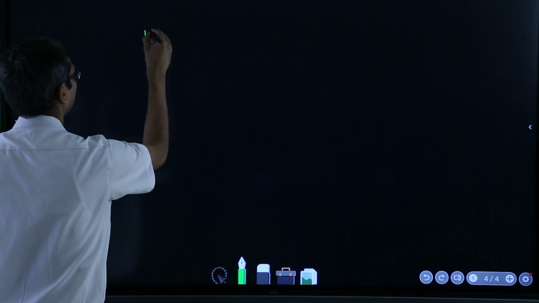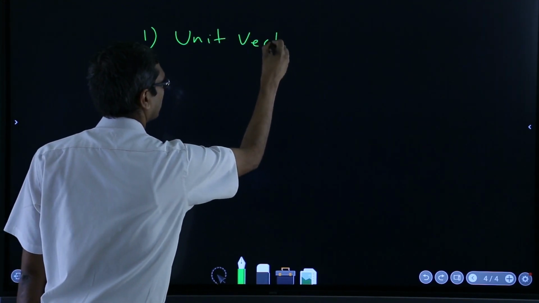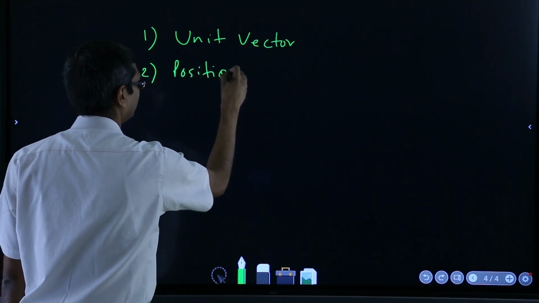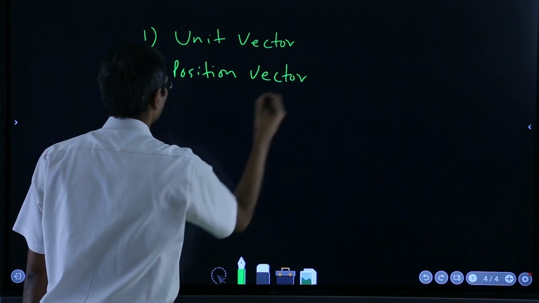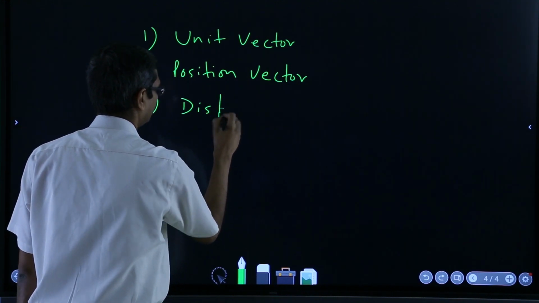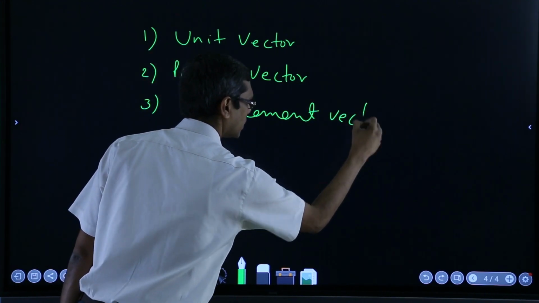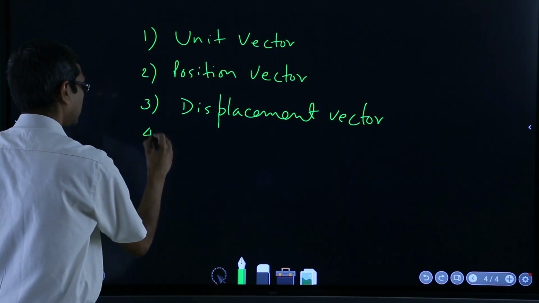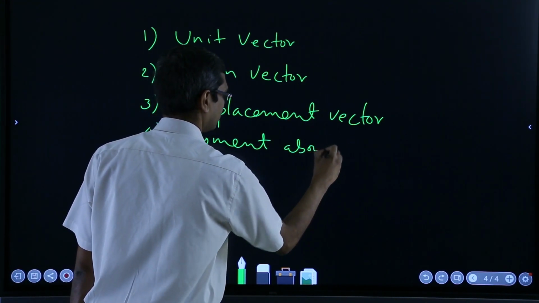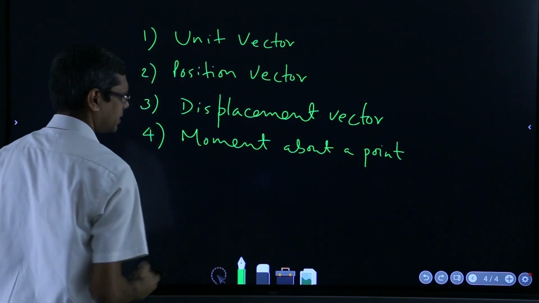So, I will just summarize once and for all. One is unit vector, second is position vector, third is displacement vector, okay. Then fourth is moment about a point, moment of a force when I say moment.